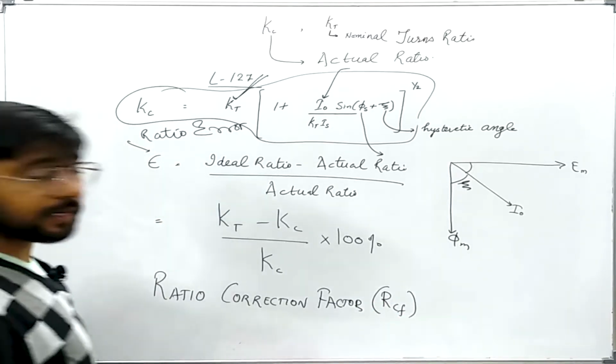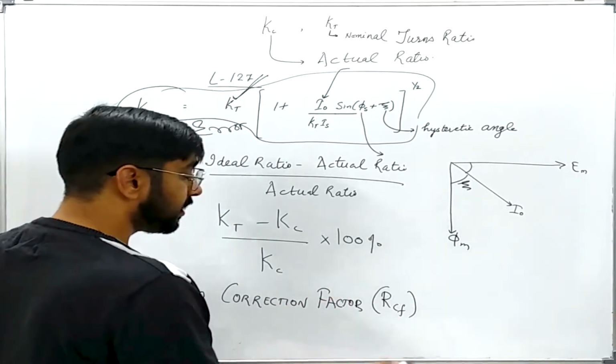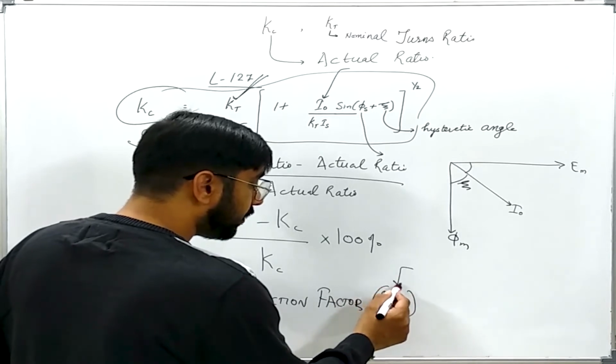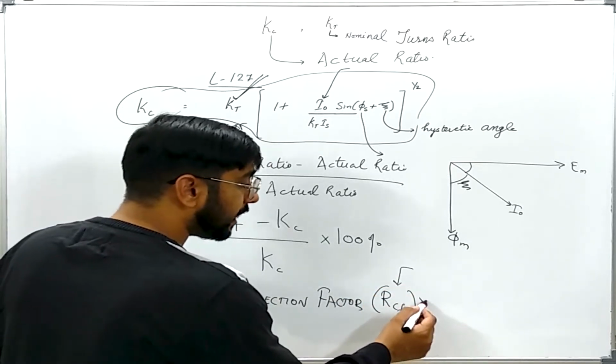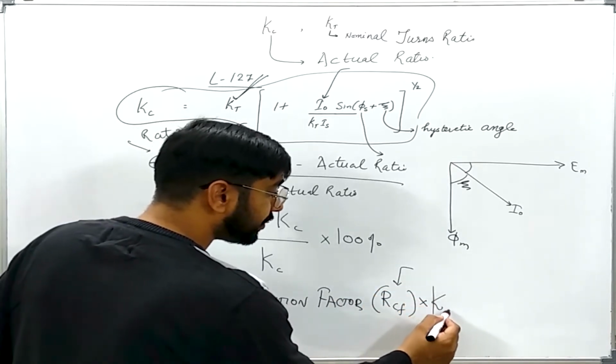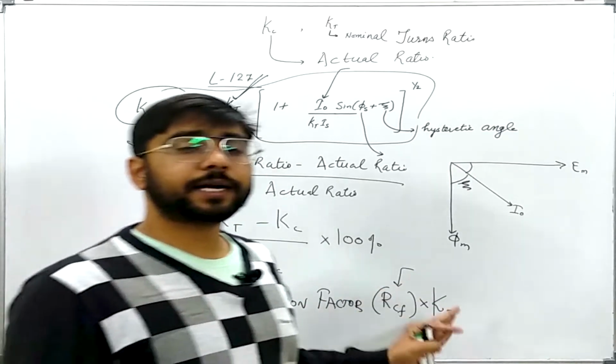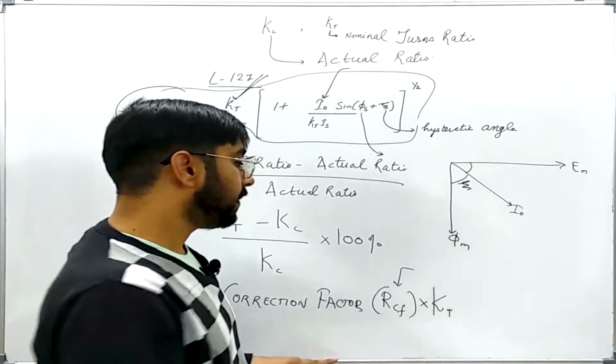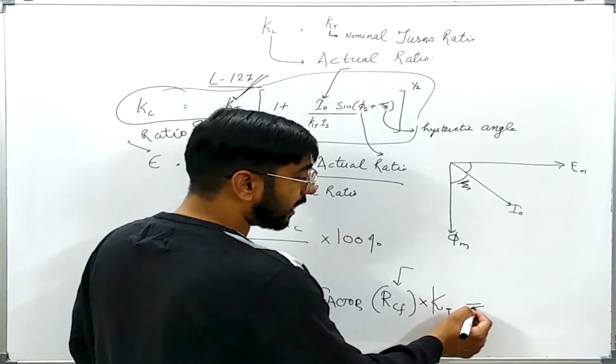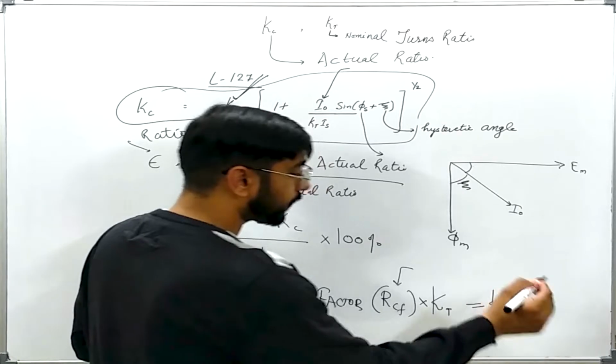Now what does this mean? It means it is a factor which, if multiplied by the ideal turns ratio, or if we multiply the ideal turns ratio by this factor, then we will get the actual turns ratio.